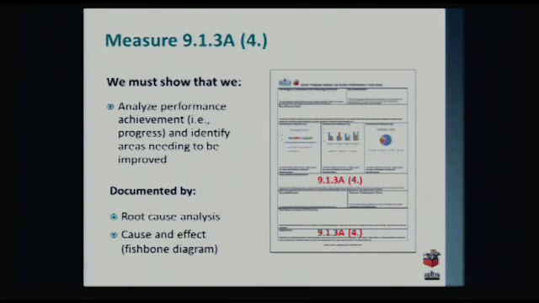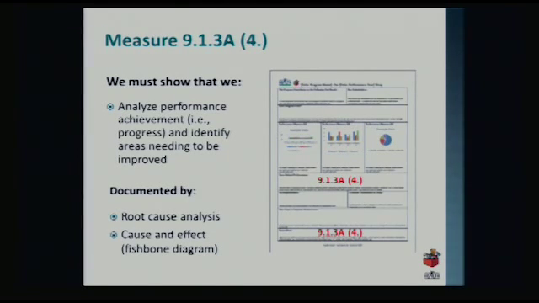We also have to show that we're analyzing and identifying areas that need to be improved. And so this is where, for standards team, this is where I think we may need to show our work. And so what we've got here, we've got a couple of places. We've got the story behind the performance, where we have the ability to describe the tools and the techniques that we use to analyze our results.